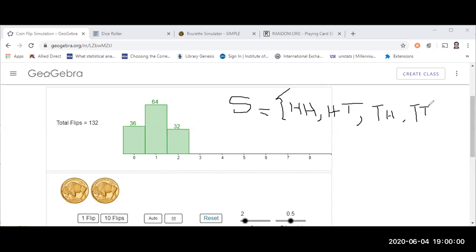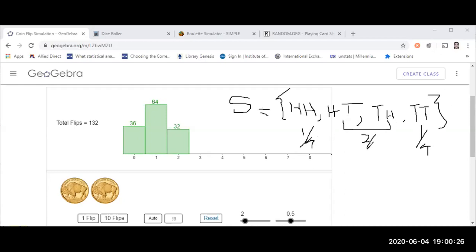Now, if I ask you, what is the probability of 2 heads? That's naturally 1 by 4. 1 out of 4 is the probability for 2 heads to pair. What is the probability of 2 tails? Just one situation out of 4, 1 by 4. But what is the probability of a head or a tail? Naturally, this is 2 by 4. That's more likely.